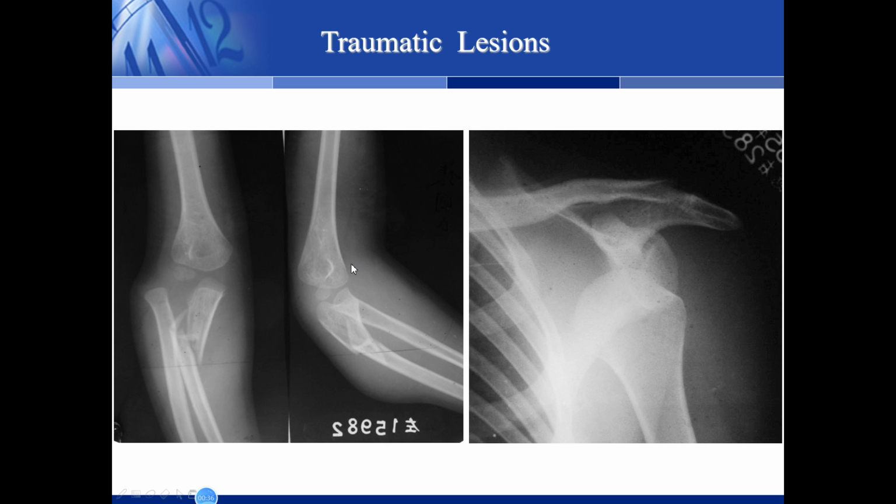Here are films of traumatic lesions, and we could see in the proximal part of the radius the cortex discontinuity, and we could see the fragments. And here is the lateral view, and here we could see the dislocation of the shoulder joint.